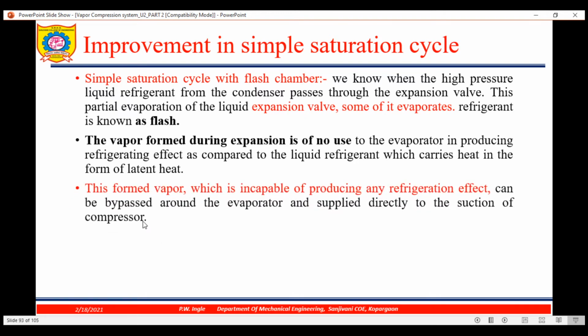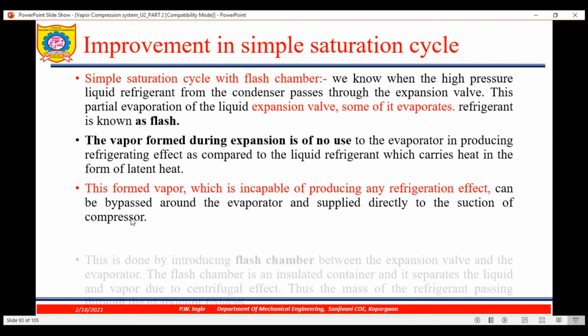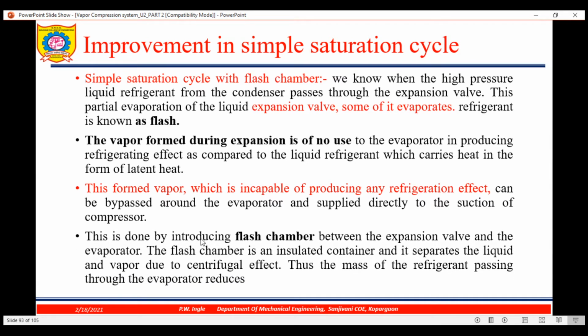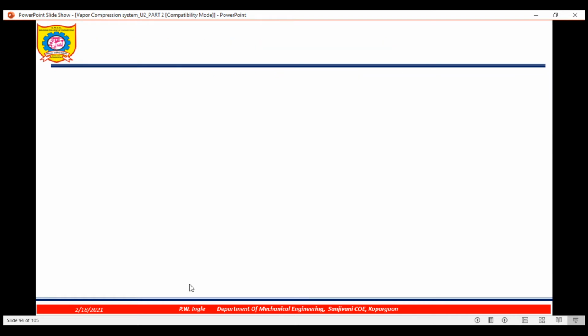So this formed vapor, which is incapable of producing any refrigeration effect, can be bypassed around the evaporator and supplied directly to the suction of the compressor. This is done by introducing a flash chamber between the expansion valve and the evaporator. The flash chamber is an insulated container and it separates the liquid and vapor due to centrifugal effect, and thus the mass of refrigerant passing through the evaporator reduces.